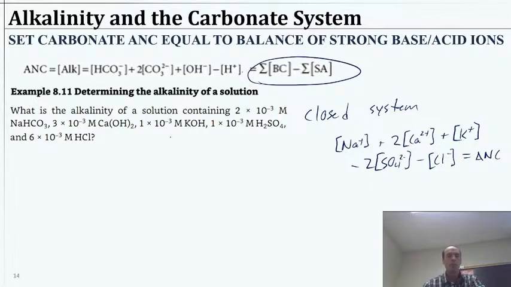Another one is potassium, so we're at 9. Then we have some sulfate and chloride to deal with: 1 sulfate, but it's times 2, so that's 2, and then 6 of our chlorides, so that should be 7. So 9 minus 7 should be 2 times 10 to the minus third moles per liter of acid neutralization capacity, I think.